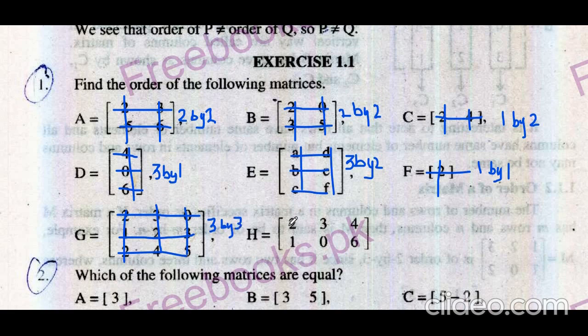Matrix H. 1, 2. 2 rows by columns 1, 2, 3. 3 columns. So that is the way to find the order of the matrix. Just check how many rows are there and how many columns are there. First write the number of rows, then write by, and then write the number of columns. Okay, that is the way to find the order of a matrix.